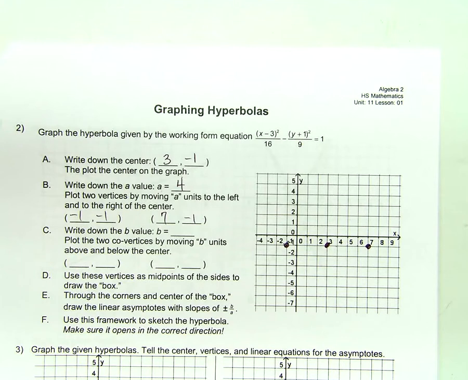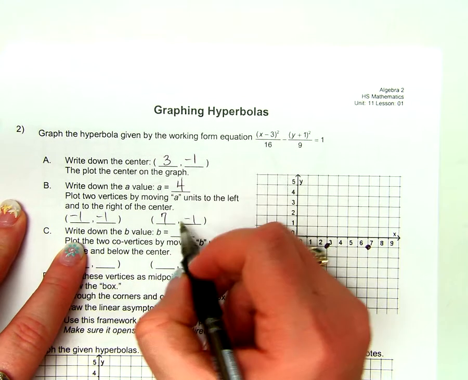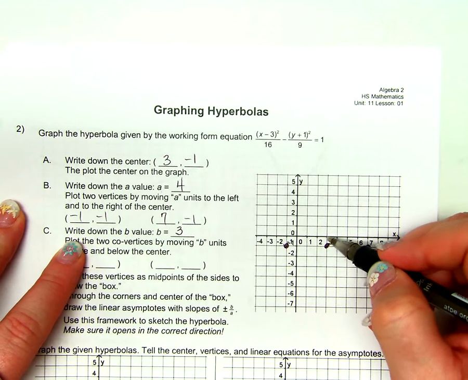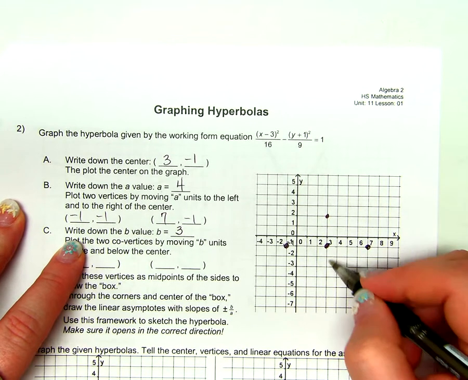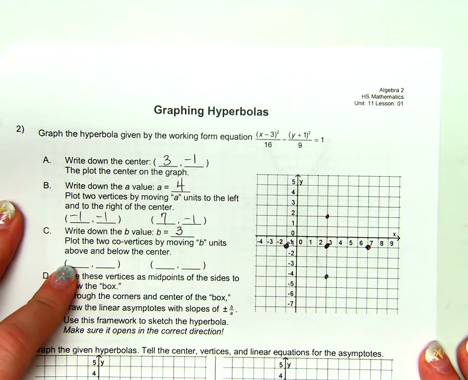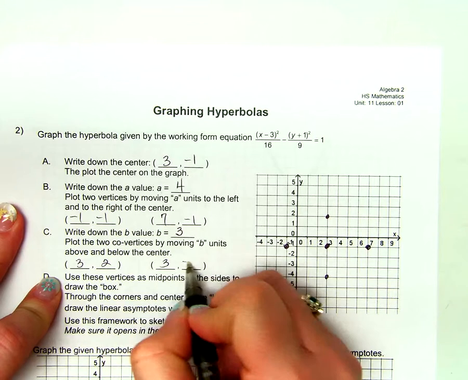Okay, so far? Write down B. 3. So the vertical direction, the y direction, we need to go 3. Where are those points? Okay.